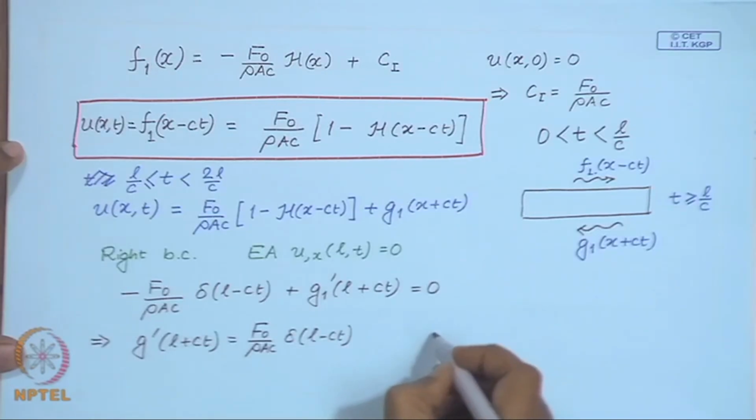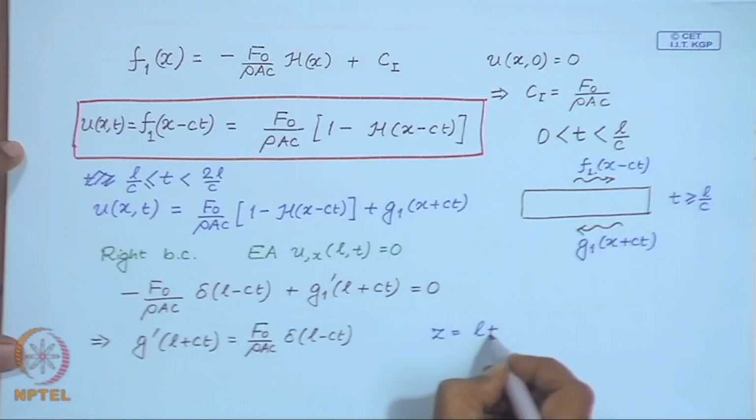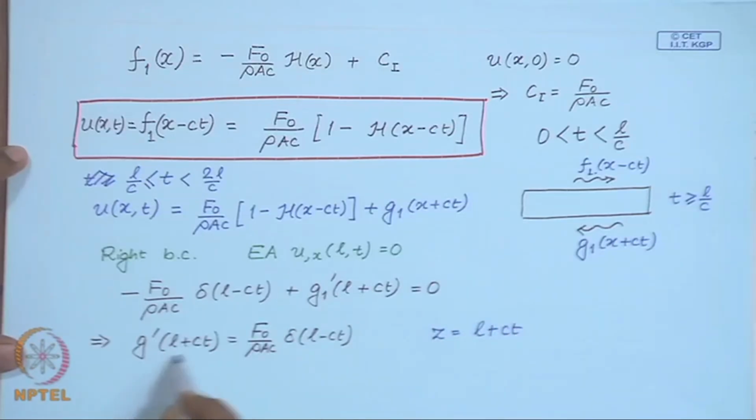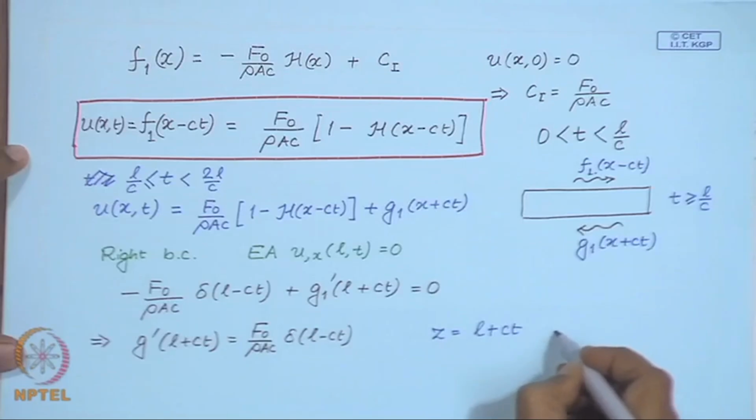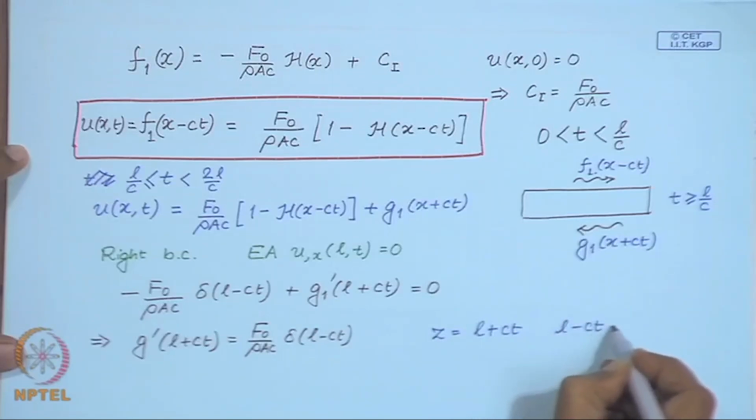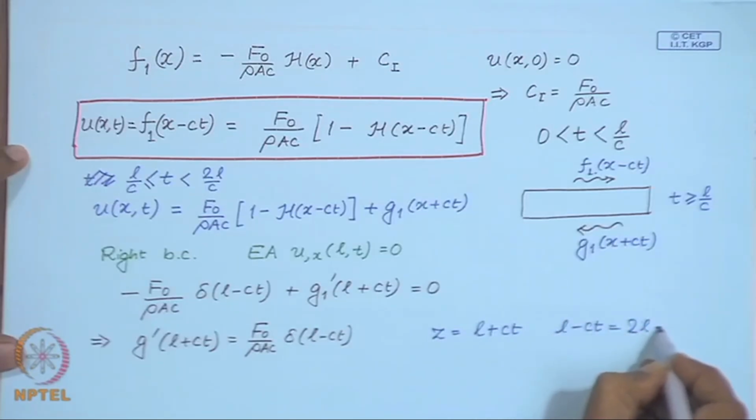Now let me make a substitution. Let me substitute this L plus C t, because we want to have g prime of z. So, z as L plus C t, and that means this L minus C t can be written as 2L minus z.